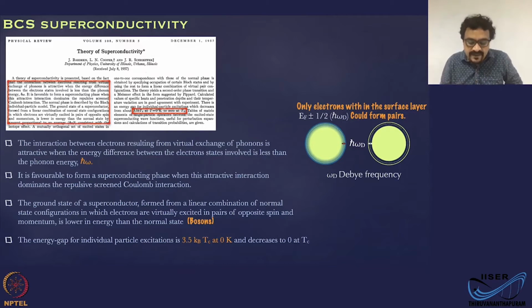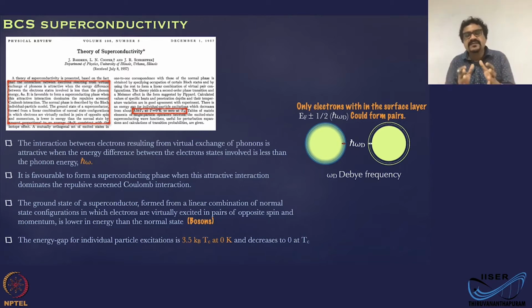So the ground state of a superconductor is formed by a combination of these normal electronic states. But if you look carefully, the way these electrons combine is they pair up with opposite spin and opposite momentum.